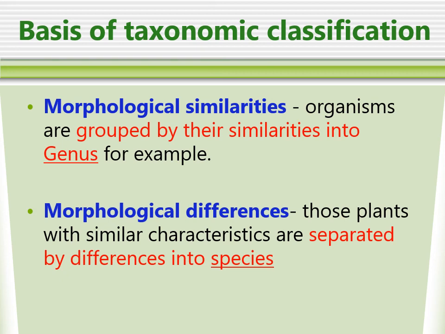And so in a sense, we put them together based on similarities for a genus, and then within the genus, we separate them by their differences into species. So we're going to talk more about this next week and dive into plants and how we do distinguish them a little more carefully.